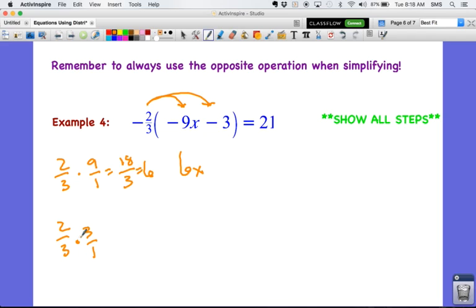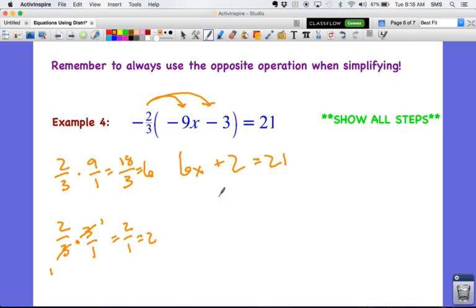Remember, with multiplication, you can just multiply straight across and then reduce in the end. You can also cross-reduce, and notice that we have a 3 and a 3 right here. These both cancel and just become 1. So now when I multiply, I just get 2 over 1, which is 2. So negative 2/3 times negative 3 is positive 2, and all that's equal to 21.